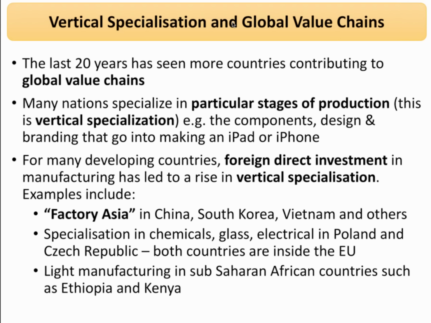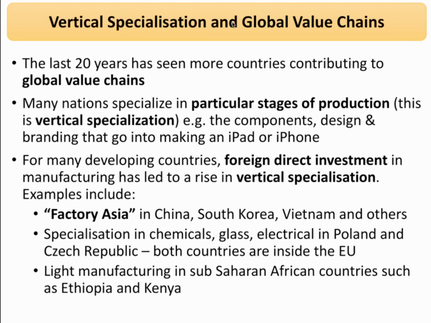The best examples of this are the idea of Factory Asia, where increasingly countries such as Vietnam and Bangladesh assemble the products that are imported into these countries. We're seeing vertical specialization in the European Union in countries like the Czech Republic, with things like glassware, and Slovenia, car making.